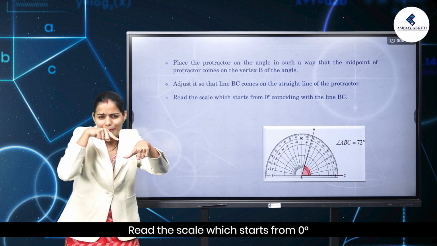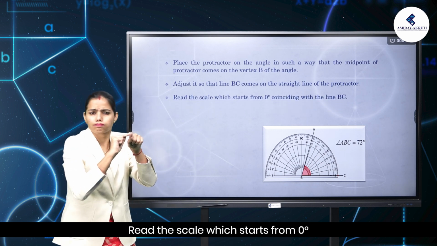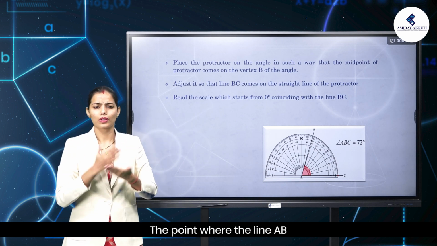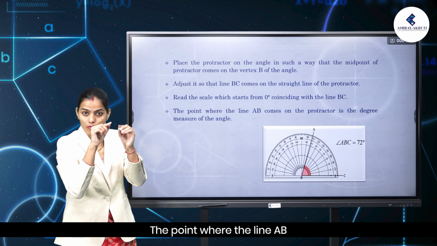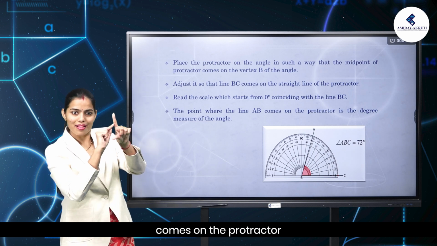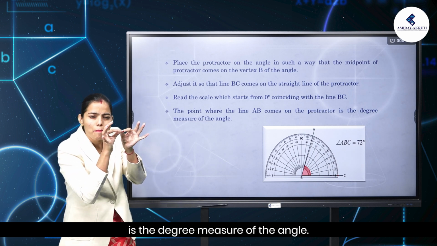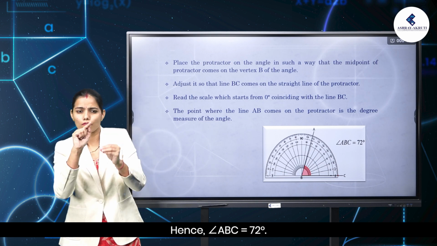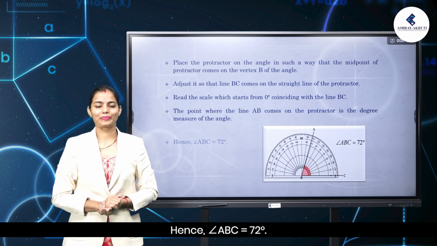Read the scale which starts from 0 degrees coinciding with the line BC. The point where the line AB comes on the protractor is the degree measure of the angle. Hence, angle ABC is equal to 72 degrees.